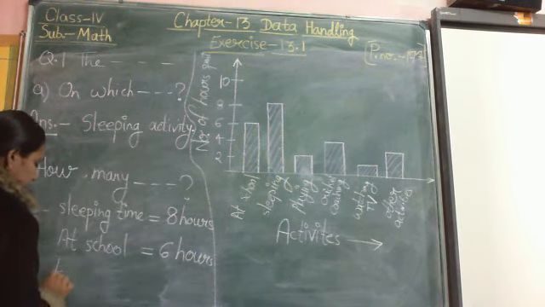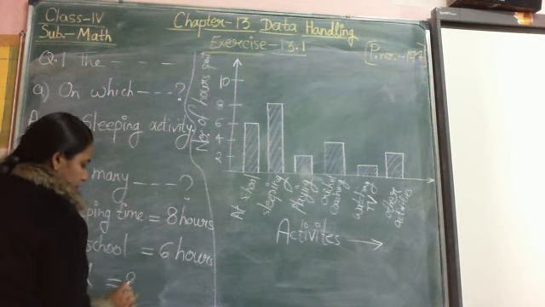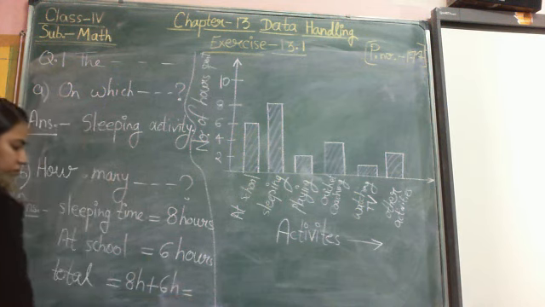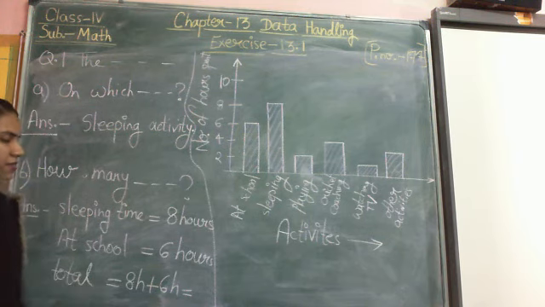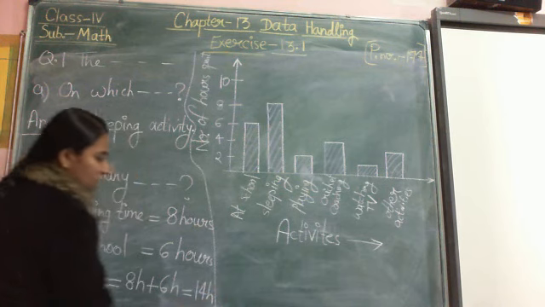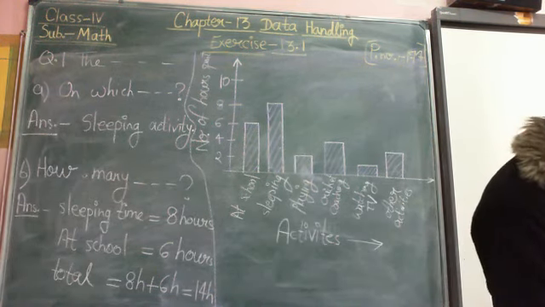So total: 8 hours plus 6 hours is equal to 14 hours.